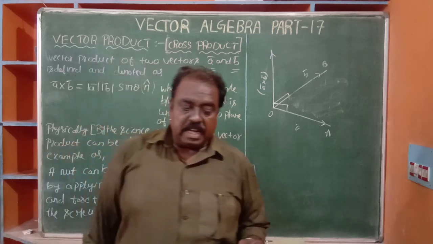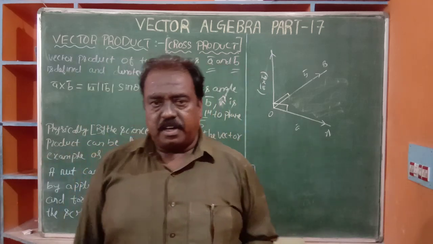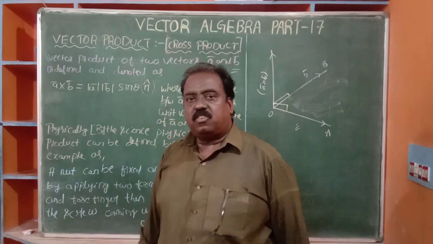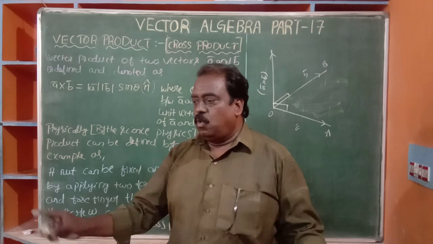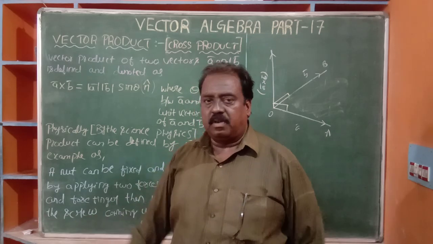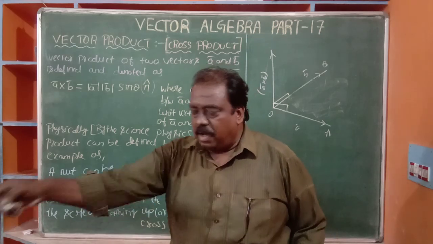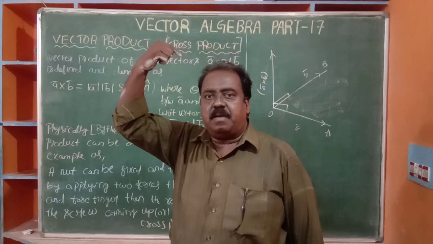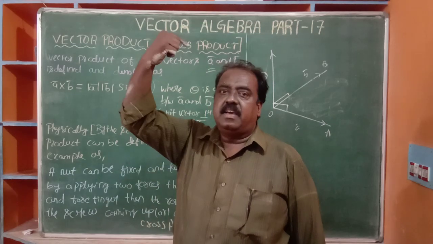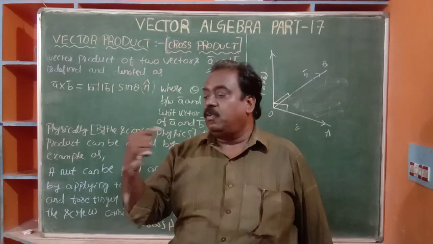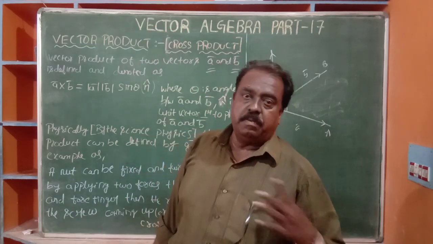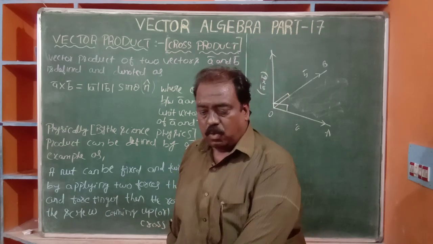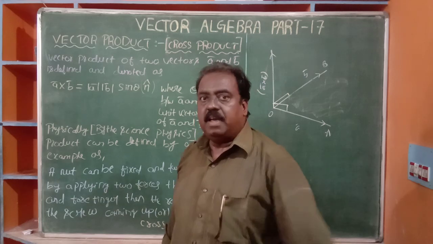Whenever you get the concept of A bar cross B bar, cross product means the foot is horizontal, and two points on the floor, A and B, A bar, B bar, two vectors, and I am A bar cross B bar, a cross product. I am perpendicular to A bar, perpendicular to B bar, or otherwise vertical to the total plane of A bar and B bar.